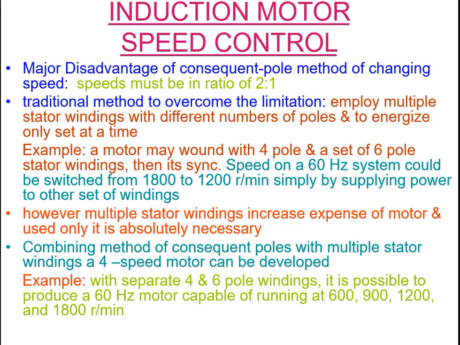If it is 4 pole, it is 1800; if it is 6 pole, it is 1200. However, whenever we go for multiple stator windings, it increases the cost of the machine. So we use this type of machine wherever there is a necessity to control the speed.